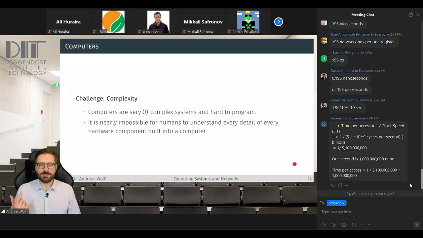Computers are very, very hard, complex systems and very hard to program. For us as humans, it's impossible to understand every detail of every hardware component that is built into a computer.